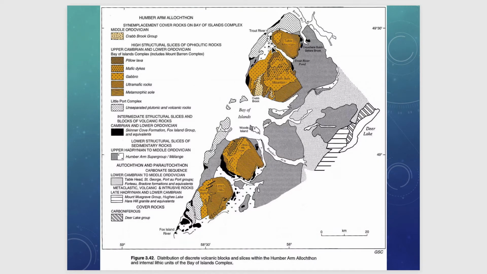So if we walk from northeast in this direction, so toward northwest, we will start at the base of the ophiolitic complex, finding a metamorphic soil.